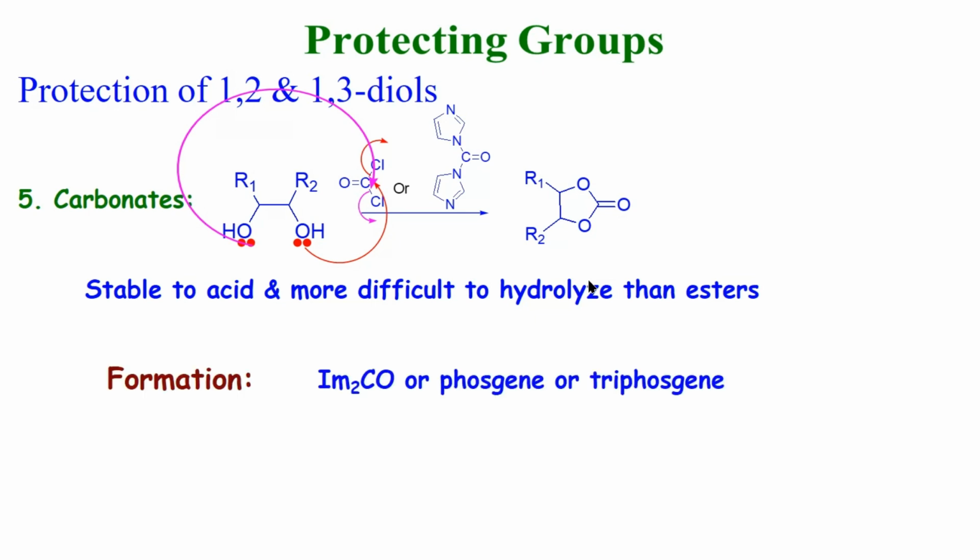As we know, it can be formed by using phosgene or triphosgene, or it can be replaced by the carbonyl diimidazole, which is more eco-friendly. As they are stable to acids, they can be hydrolyzed by using the bases.